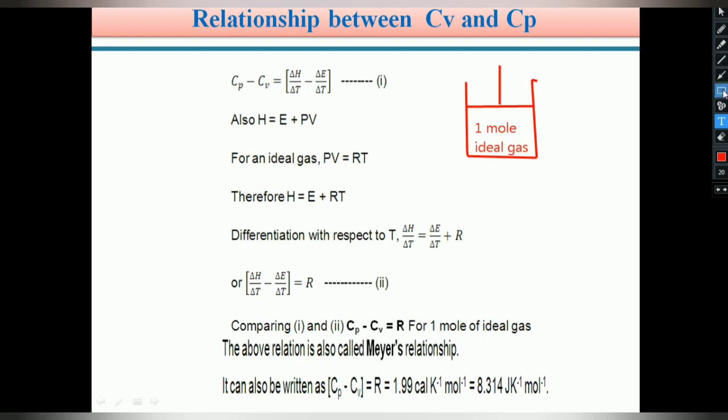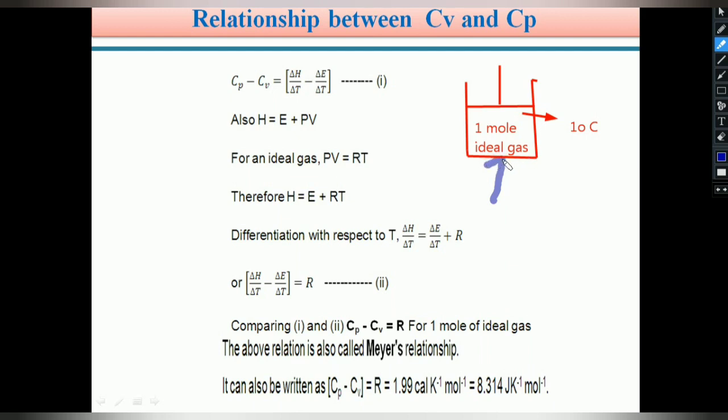The quantity of heat required to raise the temperature of a unit mass of a substance through 1 degree centigrade is nothing but specific heat, and specific heat is a path function.